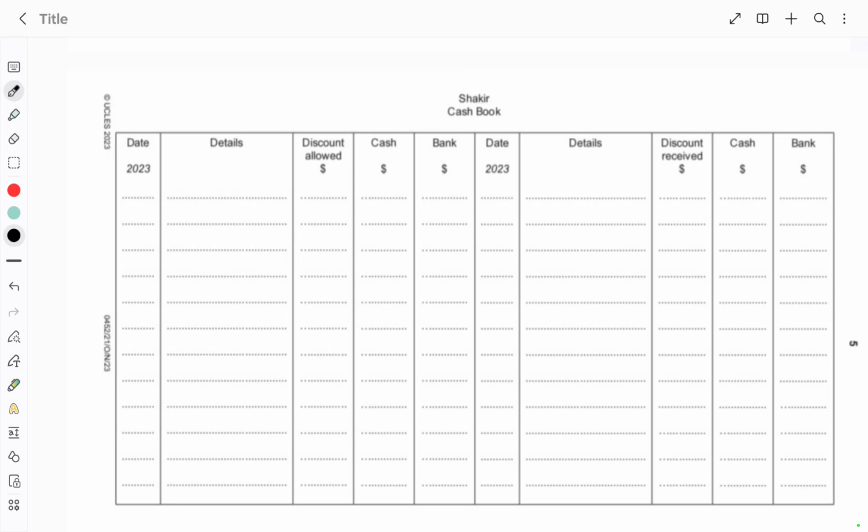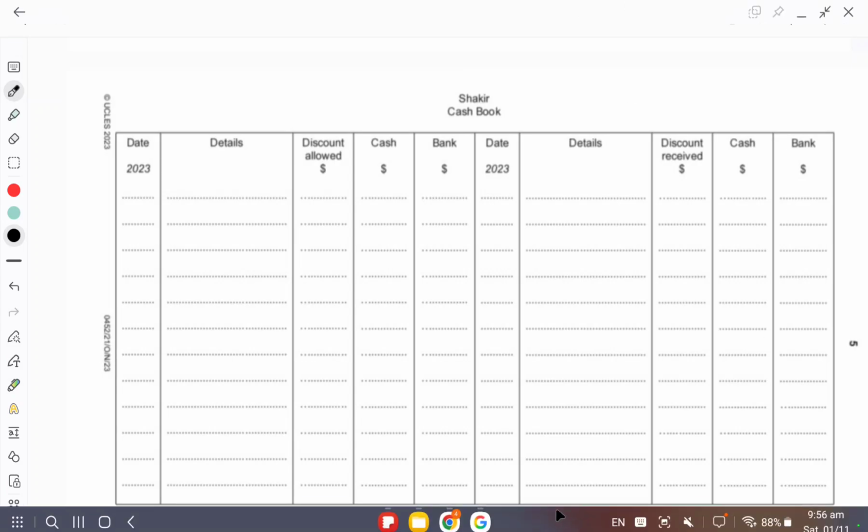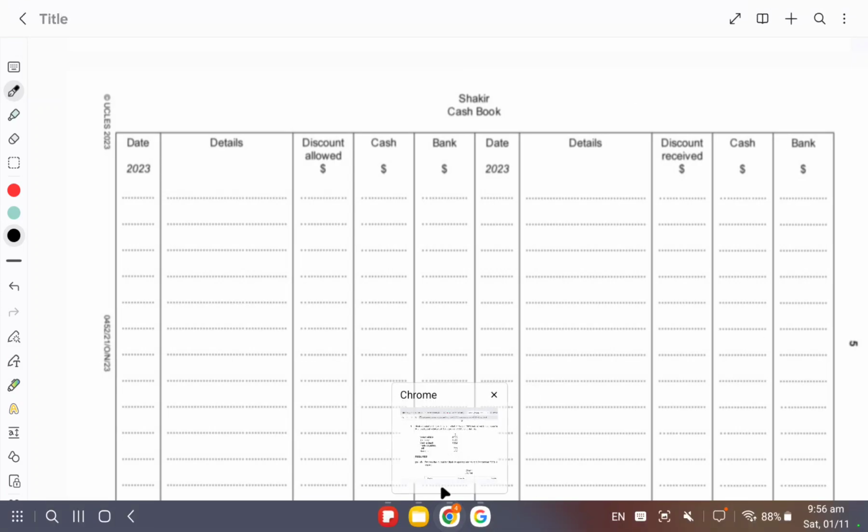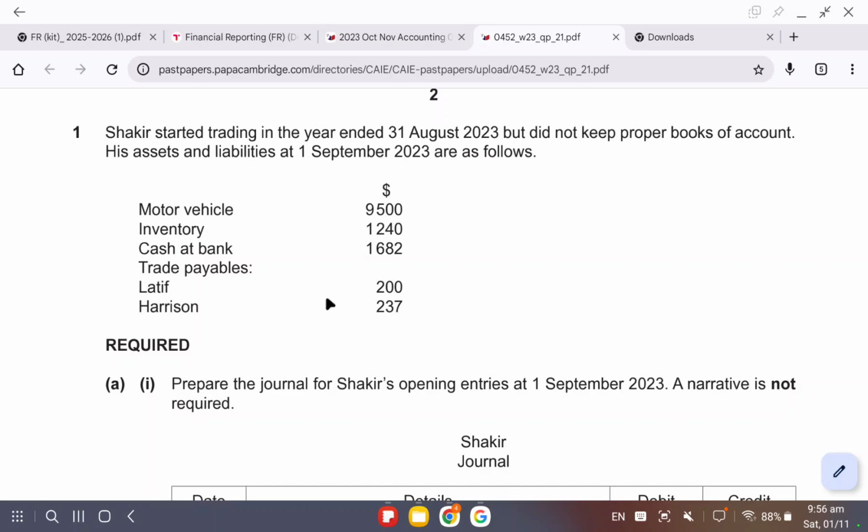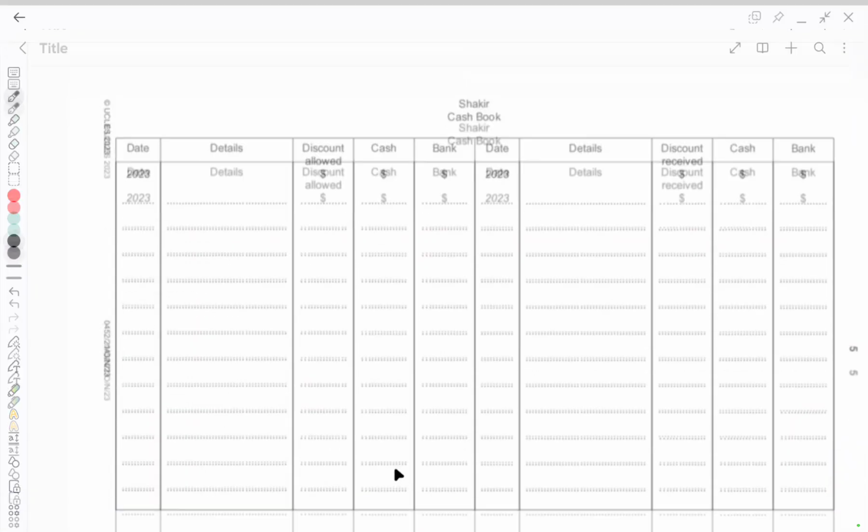If it is a credit balance or overdraft balance, it will be clearly specified in your question, like CR balance or overdraft balance, etc. As per this question, they didn't mention anything related to overdraft or credit balance, they directly gave the balancing figure as 1682. So we can directly take this 1682 as your bank balance.